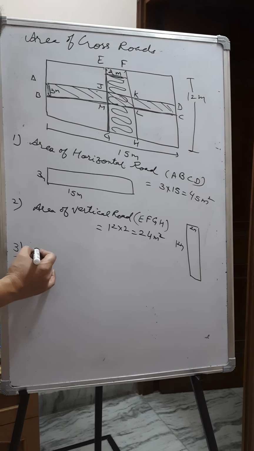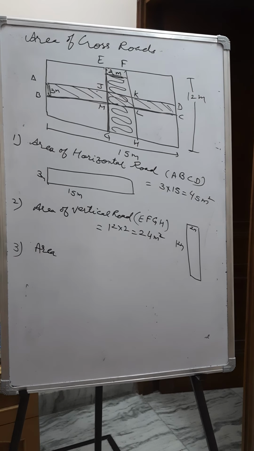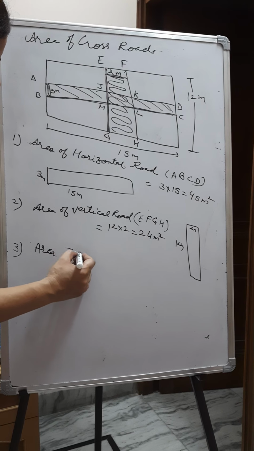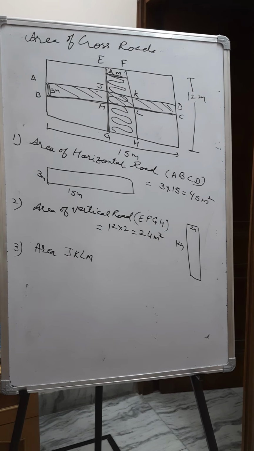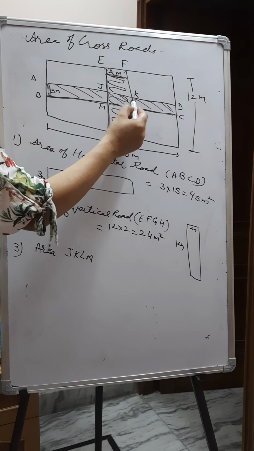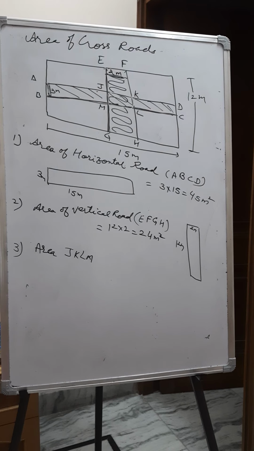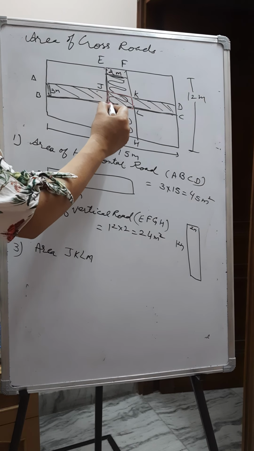Now the third thing which I have to calculate is the area JKLM. This area. The question is why I am calculating it again, why I am calculating it separately.